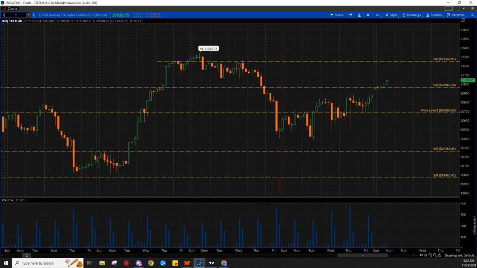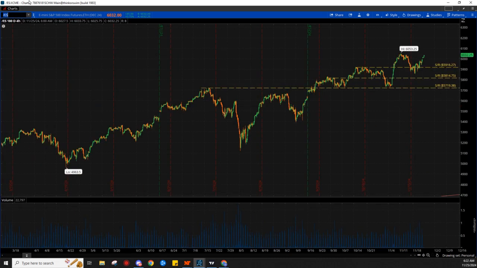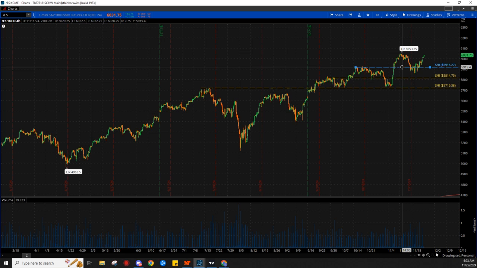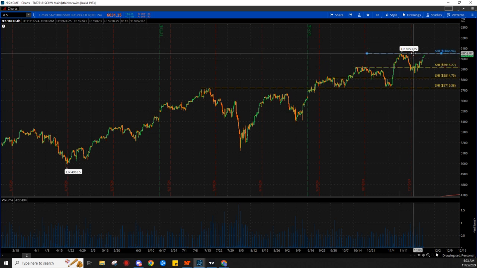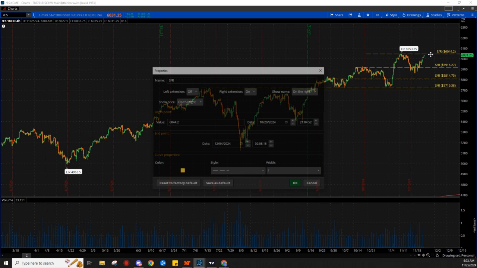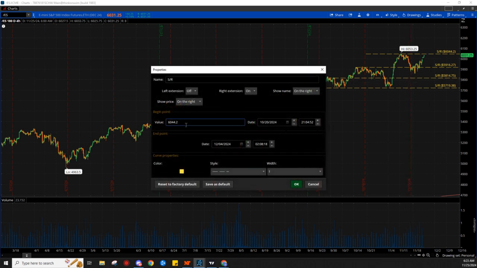Check out that ES and what's going on over there. Oh, did I forget to mark this? Duplicate, and right there. Put this at the 40.